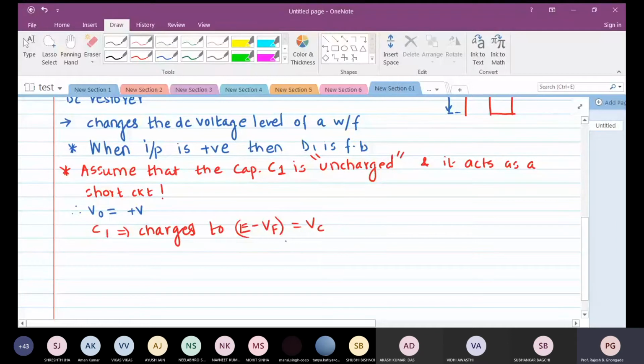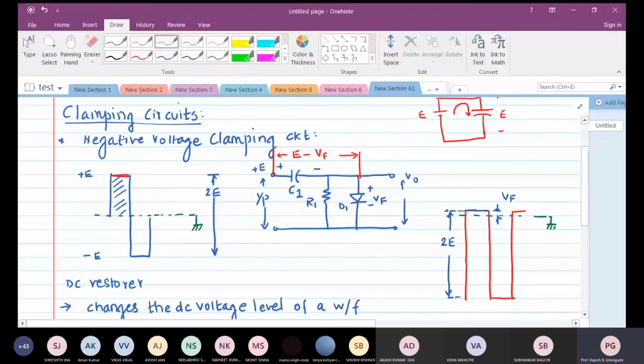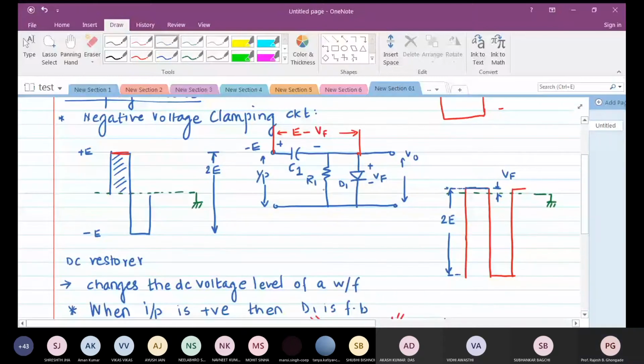Now when the input goes negative, when the input is negative, what will happen? So now imagine this is minus E. What will happen to the diode first of all?